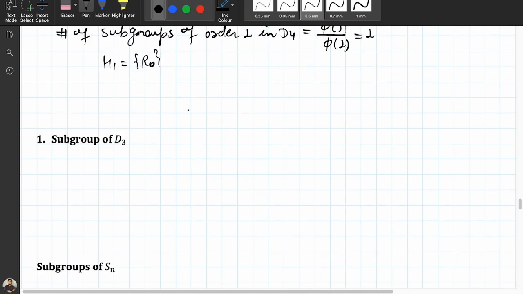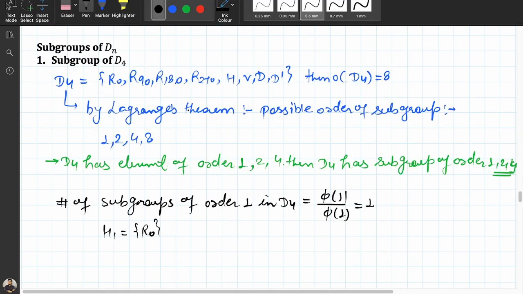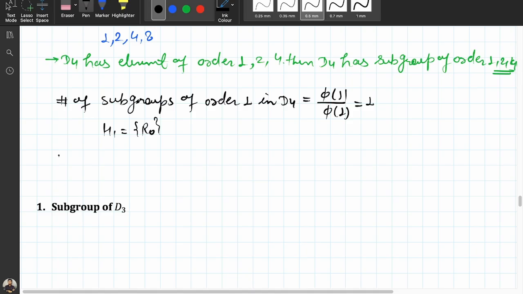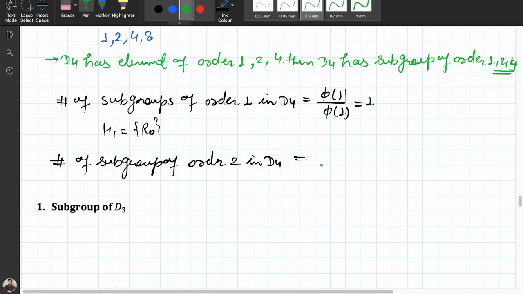Now the number of subgroups of order 2, that we all know, because it is even.